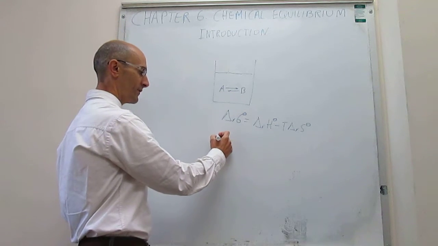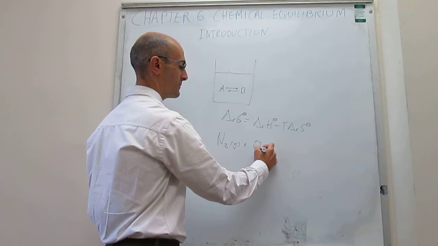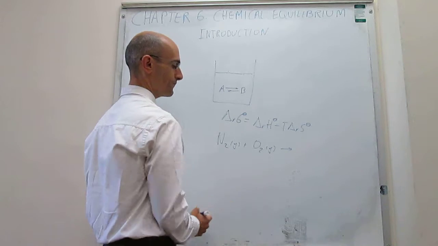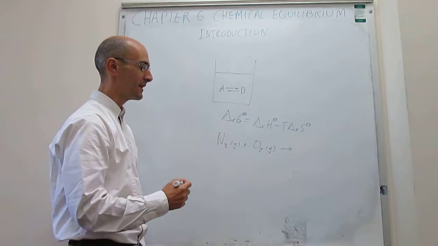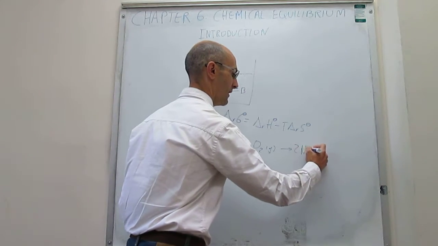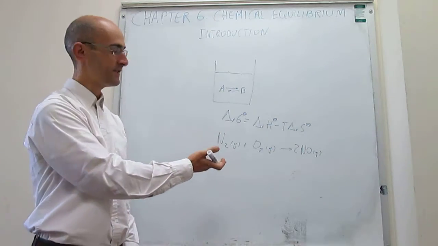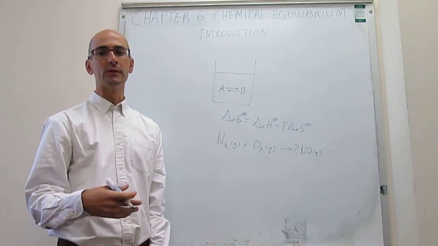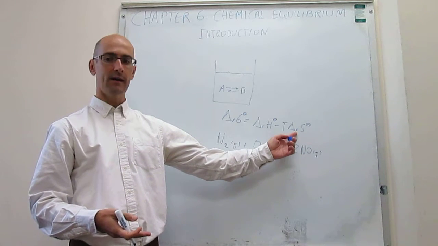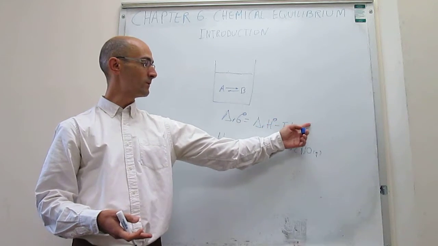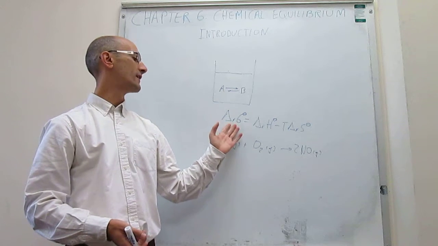For example, let's go to the atmosphere and try to calculate what the reaction Gibbs energy would be for the reaction between nitrogen and oxygen, the two most abundant species in the atmosphere, to generate NO. The calculation of the reaction Gibbs energy for that process would be trivial. You simply go to the tables and get the enthalpies of formation and the molar entropies, and those will be standard and at 298 Kelvin, and then you will calculate the standard reaction Gibbs energy.